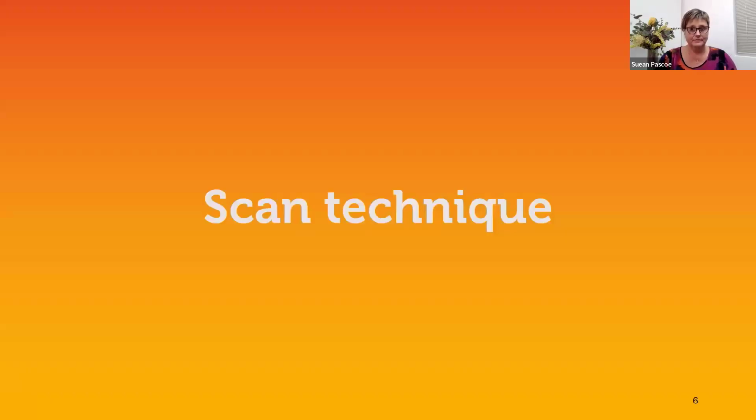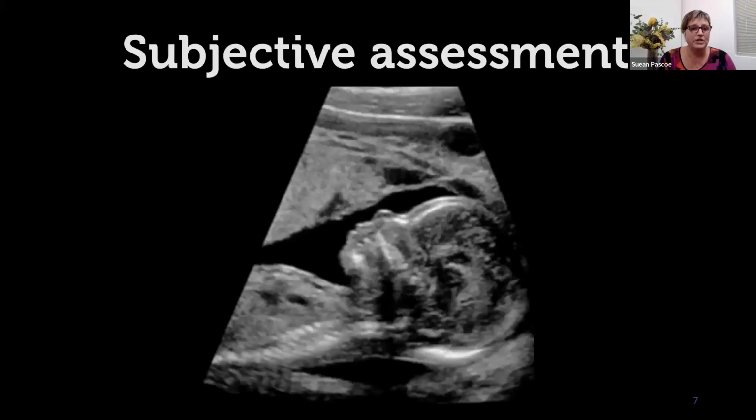So the scan technique here, firstly, if we look at the subjective assessment, I have to say, once you've been scanning obstetrics for a long time and you've done a lot of these, and I'm talking hundreds of fetal wellbeing assessment exams, you get a good feel for whether the fluid looks normal or not just by looking around the tummy, without having to do all the additions and measurements. And what I'm looking to see, if we've got a good view of the baby's face, is can I see any fluid around the baby's face?